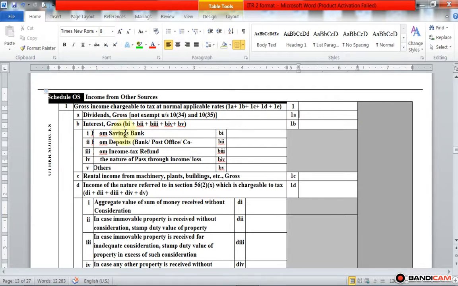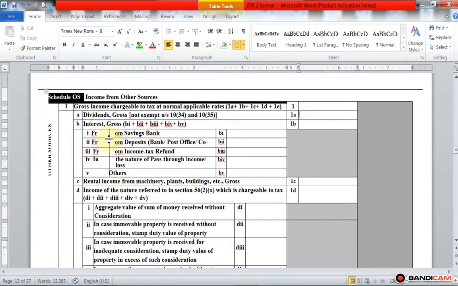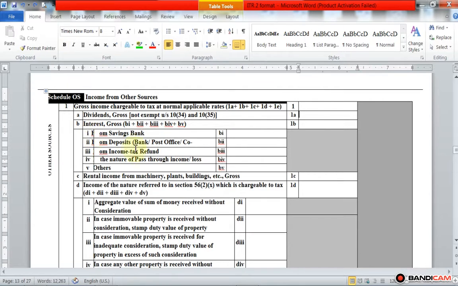So gross total includes interest on savings bank account, interest on bank deposit, that is bank, post office, cooperative society, then interest on tax refund, the nature of pass-through income or loss, and other interest received by the SEC. Then we make the total of these 5 columns, and that is called gross interest, and we put the gross interest in this column.